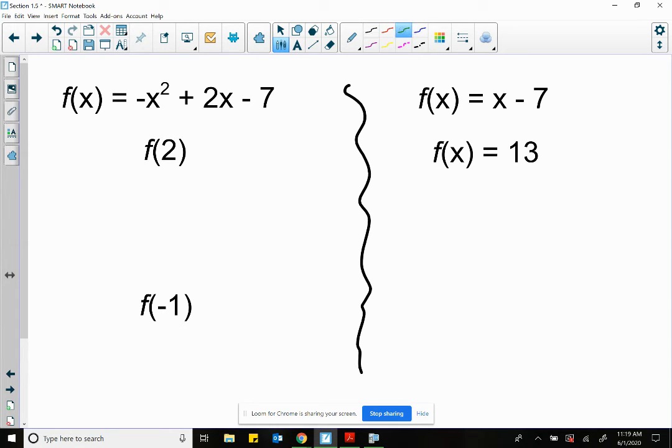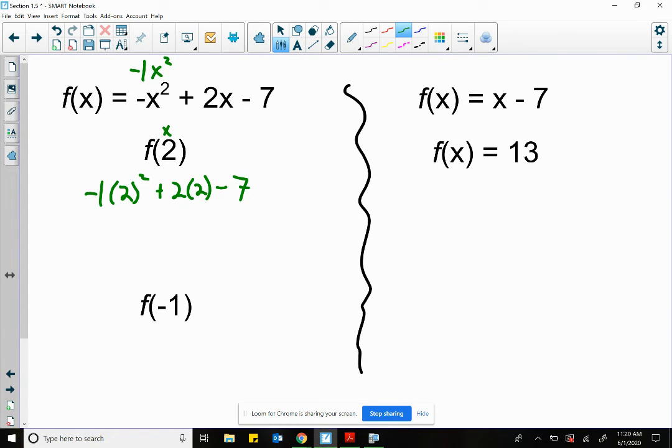All right. So what are they giving you here? They're telling you x. So all you got to do is take the 2 and plug it in. Now, be careful on this, because this negative is not with that x. Technically, what's going on right here, this is negative 1 times x squared. So hopefully you were observant on that. You got to be careful. So that's negative 1 times 2 squared, because x is 2, plus 2 times 2 minus 7.